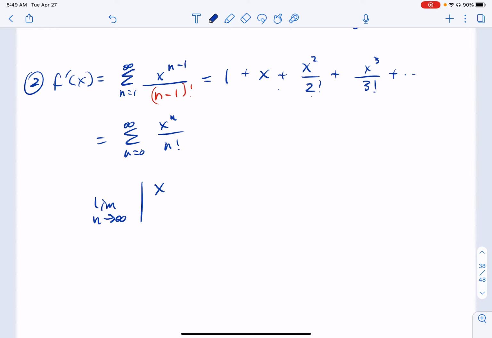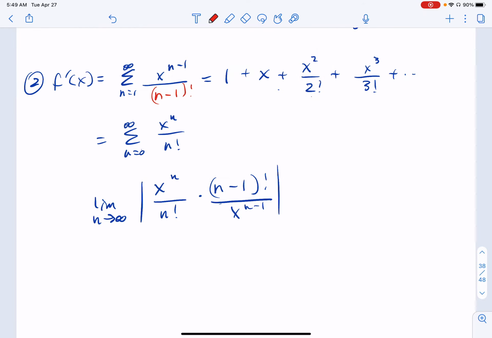Back that up. x to the n plus 1 minus 1 is just x to the nth power over n plus 1 minus 1 factorial, which is n factorial. And then multiply by the reciprocal there, so n minus 1 factorial over x to the n minus 1. All right, yes, there we go.